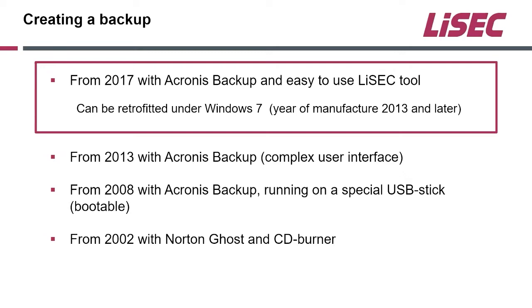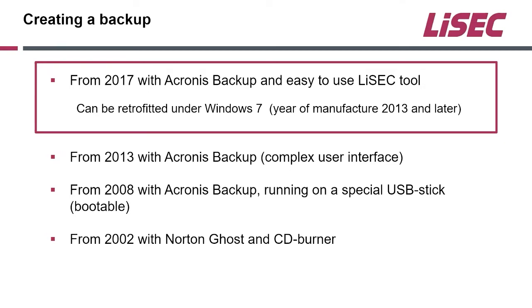Special in a way because the software license is bundled with the stick itself. So you can't transfer the license from one stick to another. That's why it is a special stick. And again, the recovery is done with the same stick. You start again, have the backup ready on the stick, and can restore it to the hard drive of the PC where it is running.